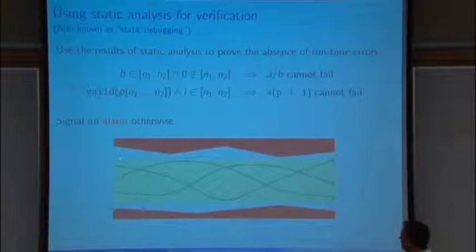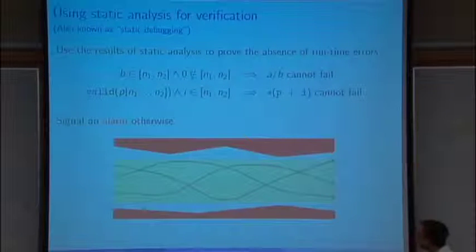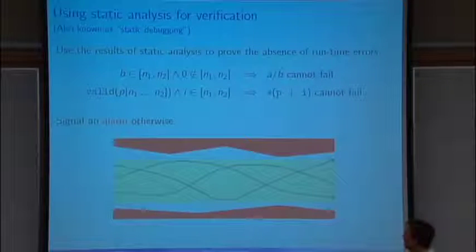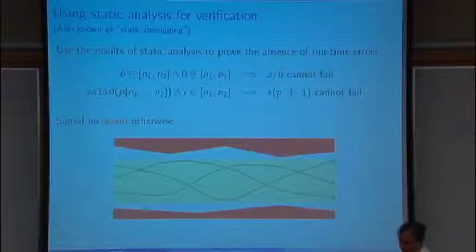What static analysis does is basically to bound, over-approximate these concrete behaviors by a bigger set in green. And so if that set in green is disjoint from the red region, then the program is safe, okay? And there's no alarm reported, and we know that the program cannot run into the red zone.